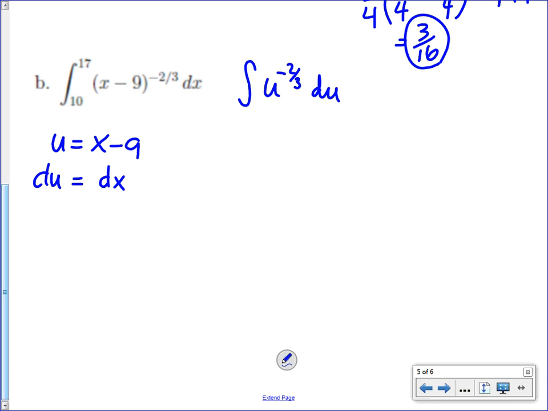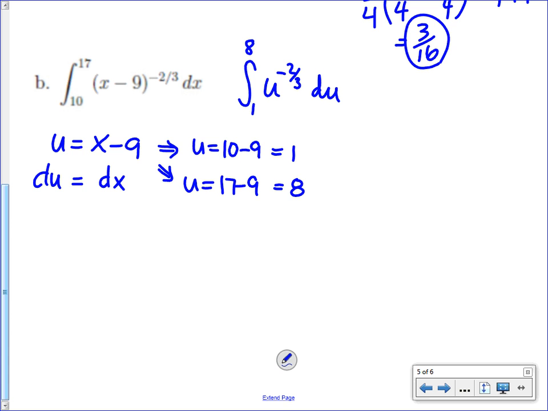We need to change our limits of integration, so we're going to plug in 10 for x, and so our lower limit becomes 1. And then we're going to plug in 17, which is our upper limit. So we're going to get 8 for our upper limit.